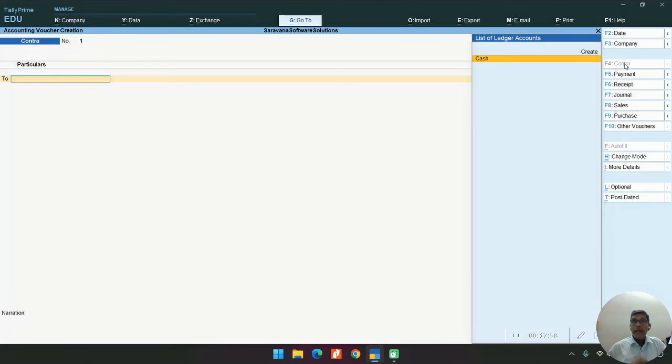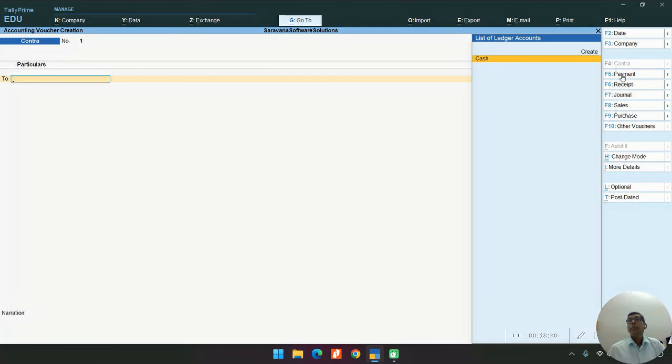We are very familiar with these: there are two entries, bank account to cash account, then cash account to bank account. These two we normally call contra entries. So any such transaction that happens, you can post the entries under this voucher window.